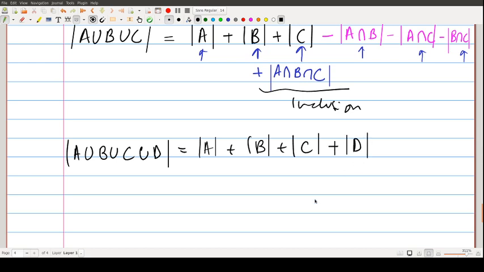What are the next terms going to be? The next terms are going to be the intersection between any two of these, right?